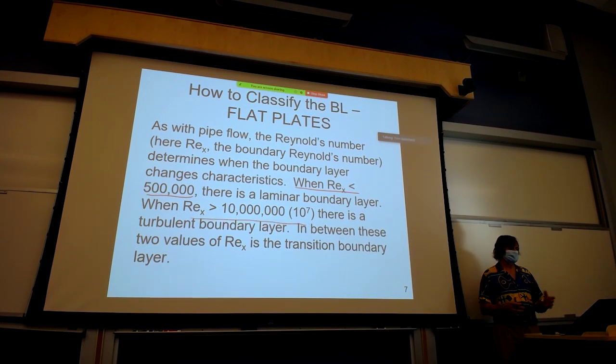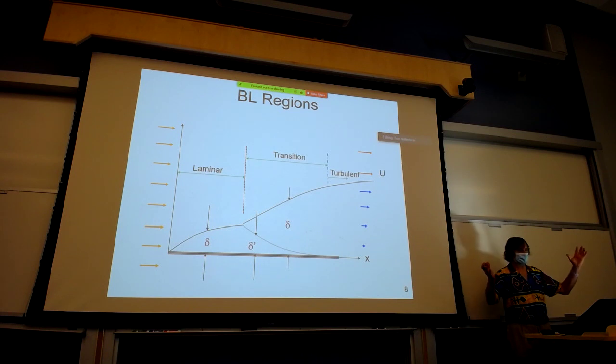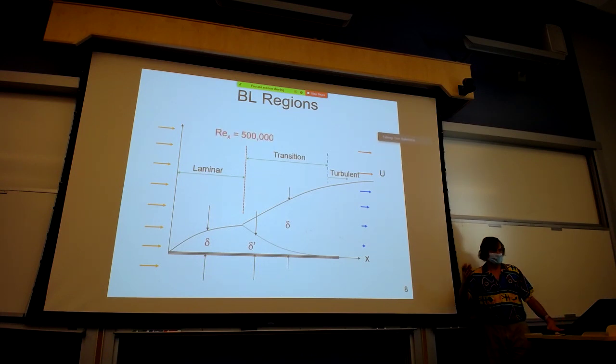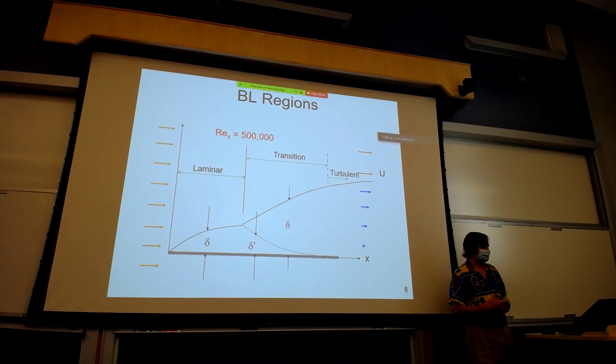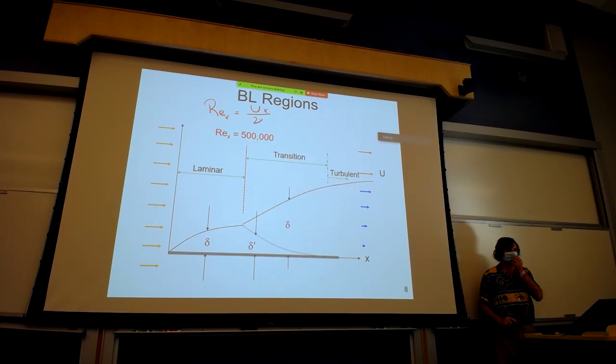Again, this is all based on empirical evidence and measurements. So what we're saying is we're going back to this figure, and for any particular situation, we can calculate where the laminar region is using this boundary Reynolds number. And the boundary Reynolds number is equal to the velocity times the distance along the plate divided by the kinematic viscosity.